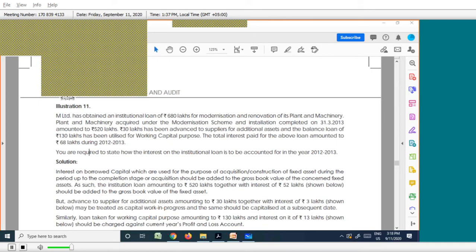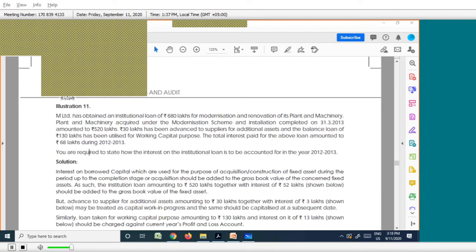Positive assumption means we are assuming that this additional asset is related to the modernization of plant and machinery. For that purpose, they are buying this additional asset also. So we have to assume that it is also a qualifying asset. But that is an assumption only. Since the question is not clear, we have to take this assumption. They are simply saying additional asset; we don't know what type of asset it is.